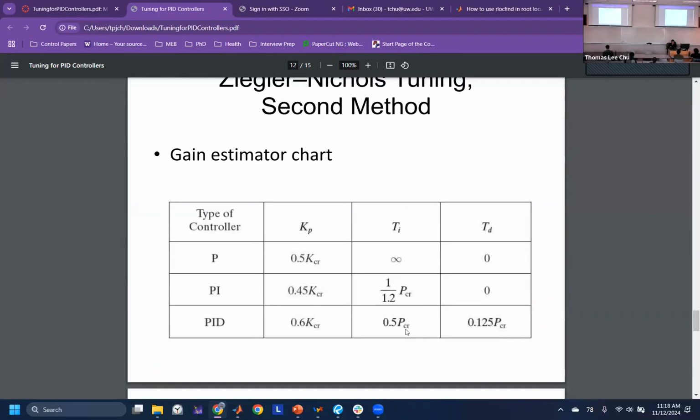But the purpose of this class is to understand why we tune each gain. Why do we tune the integral gain? Why do we tune the derivative gain? Why do we tune the proportional gain? All of that is to make you understand what it does on the root locus, what it's doing mathematically. Now that you have that knowledge, if you tune the derivative gain and your coworker comes up and says, why are you tuning the derivative gain? You say, I'm trying to reduce the settling time, because that's what it does.